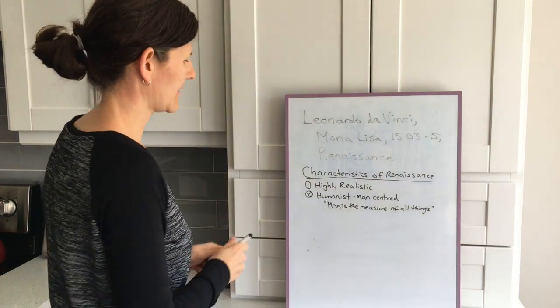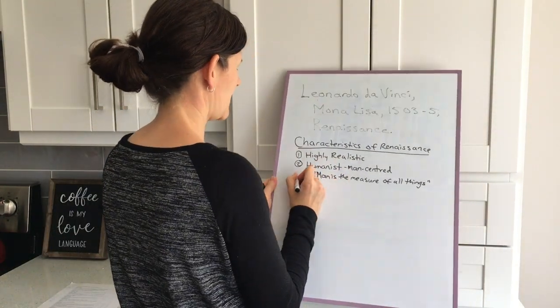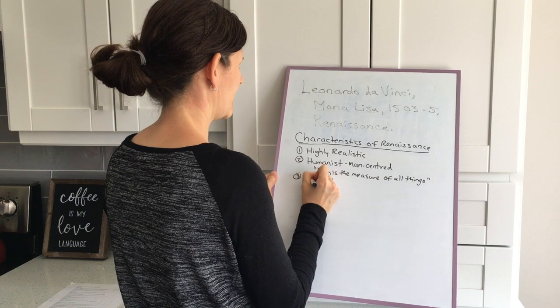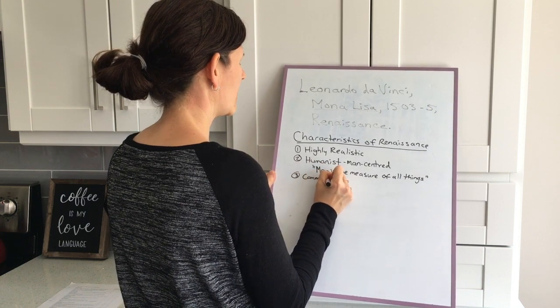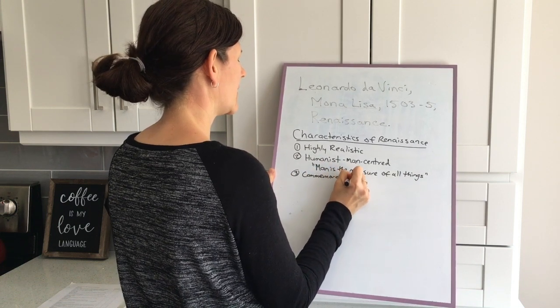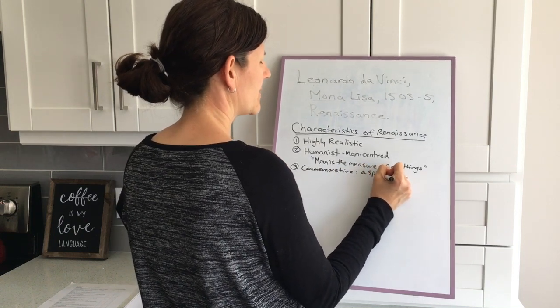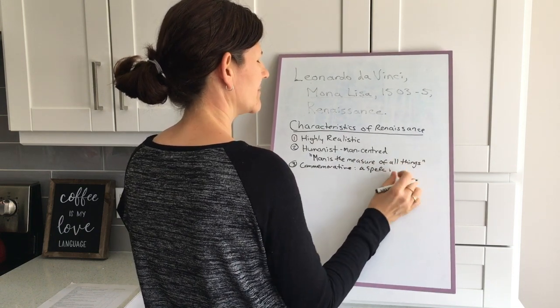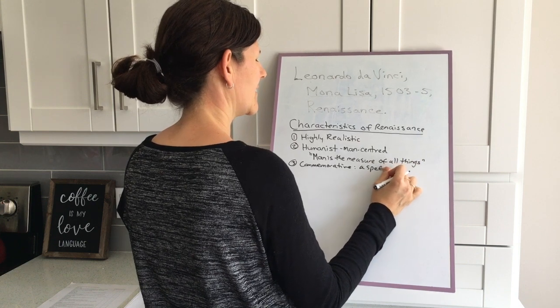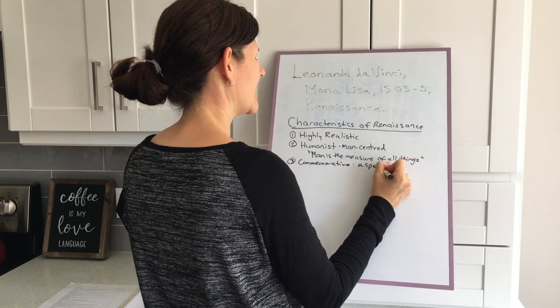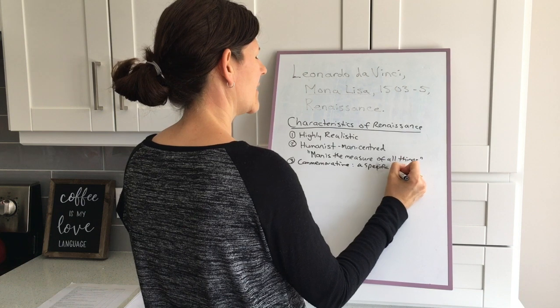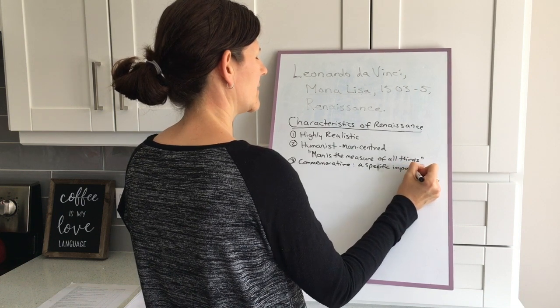All right, so characteristic number 3 is that they were often commemorative. So they were a specific, important person.